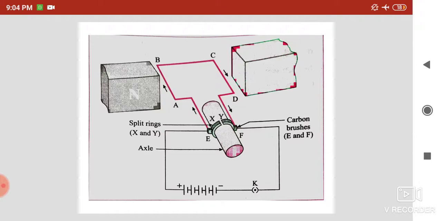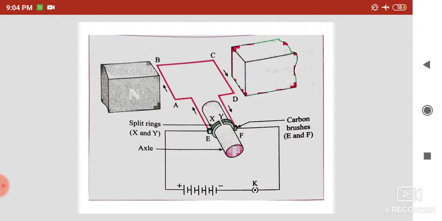Hence AB moves downward and CD moves upward. These forces are equal in magnitude and opposite in direction. Therefore, as observed from the side AD, the loop ABCD and the axle start rotating in the anti-clockwise direction.